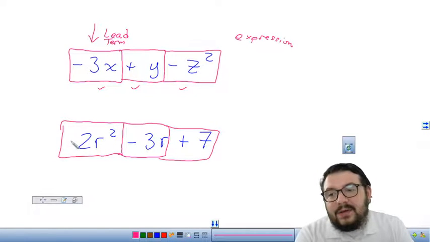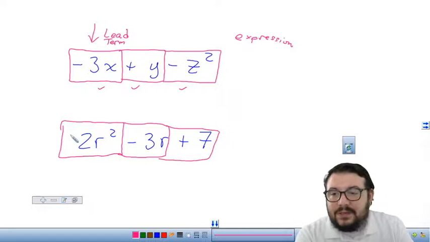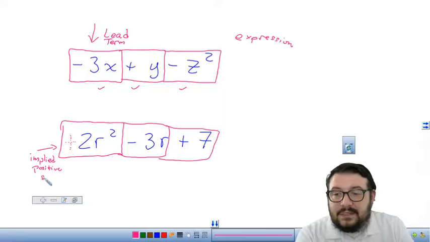Okay, so right here, what is in front of this 2? Well, I look at this 2 and I automatically know that it's a positive. How do I know it's a positive? Because it doesn't have a negative. All right, so what is this thing called? It is called an implied positive sign.